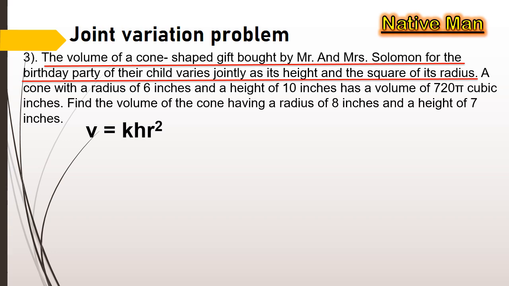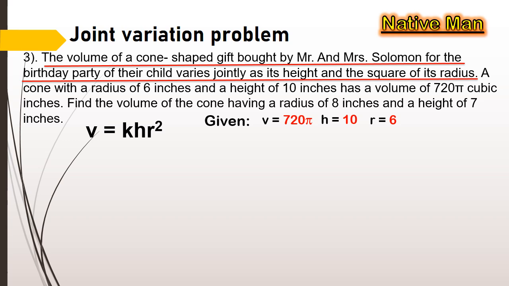Okay? So, given natin dyan, volume is 720 pi. Then, the height is 10 and the radius is 6. So, nakalagay kasi doon, a cone with a radius of 6 inches, R 6 inches, and a height of 10 inches, so H 10, has a volume of 720 pi cubic inches.